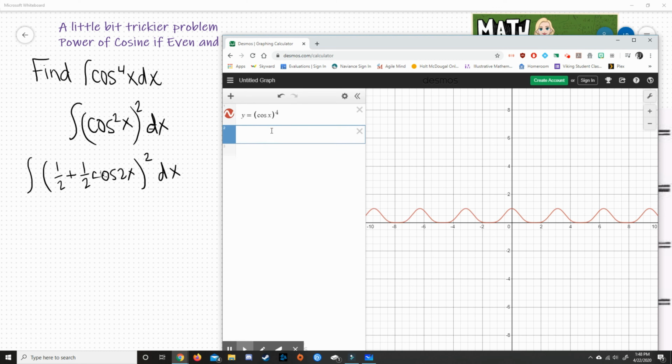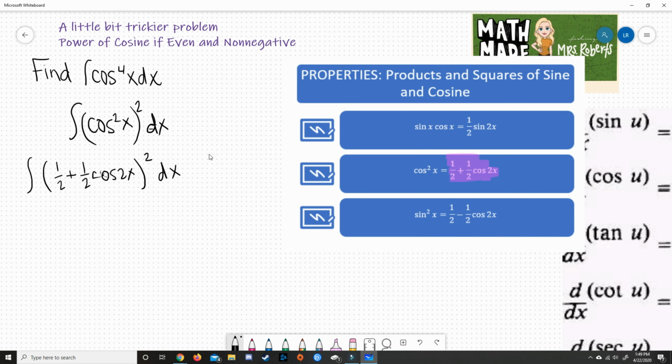Is that truly the same thing as the expanded form? And what you'll see is it really is the same thing. These are on top of each other. And so they are equivalent. And so we have not altered this equation to make it not true.